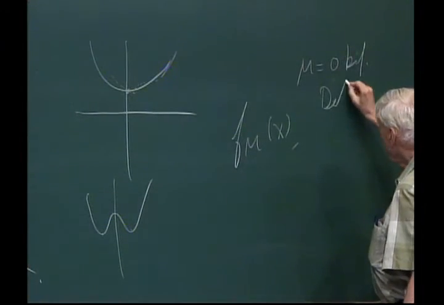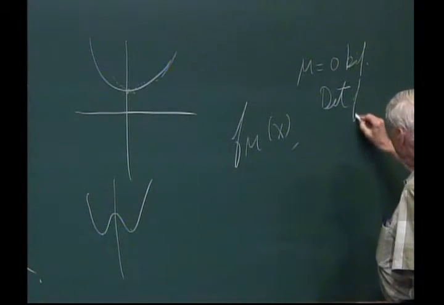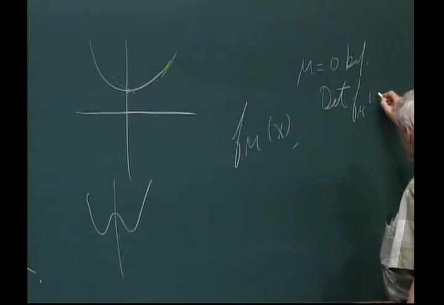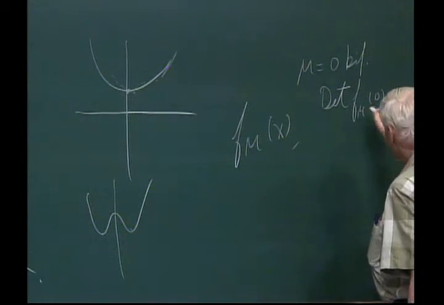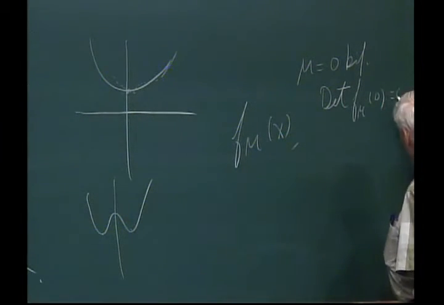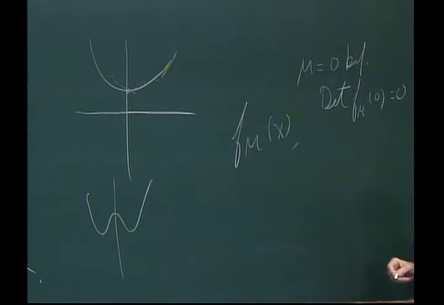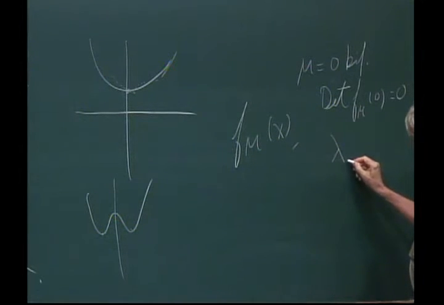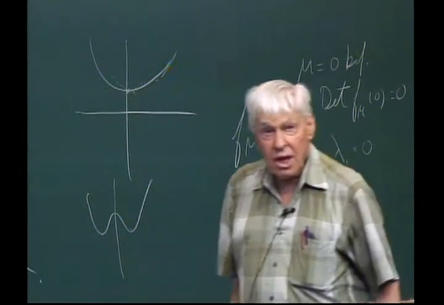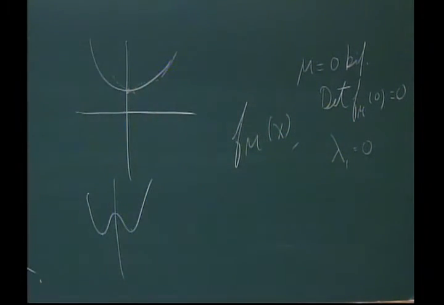Suppose now the determinant of f mu at 0 equals 0, and we have a single eigenvalue crossing through 0. So we look at lambda 1, say, equals 0 at 0. This is a setting which could be both a saddle node and a pitchfork, two different things.